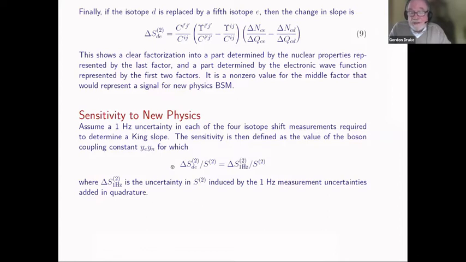So this then determines a figure of merit for different transitions. So we look at different transitions and see what the sensitivity is corresponding to a 1 Hertz uncertainty in the measurements, just as a standard reference.